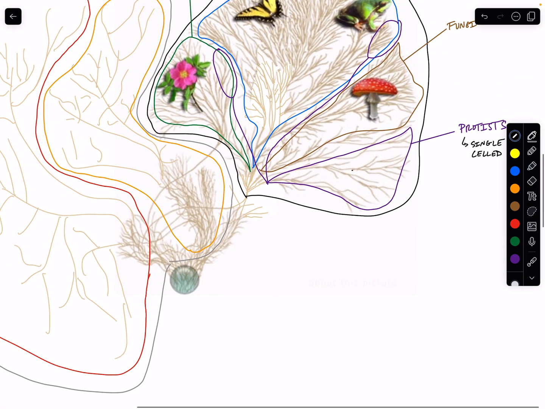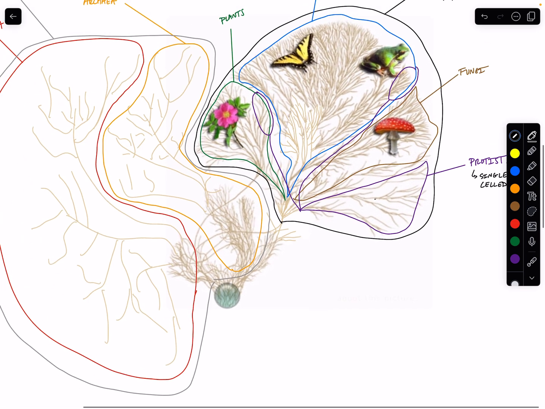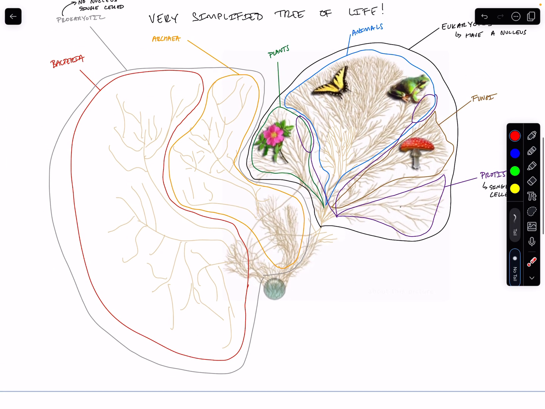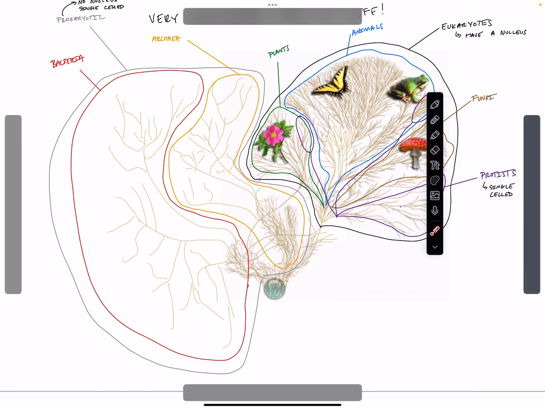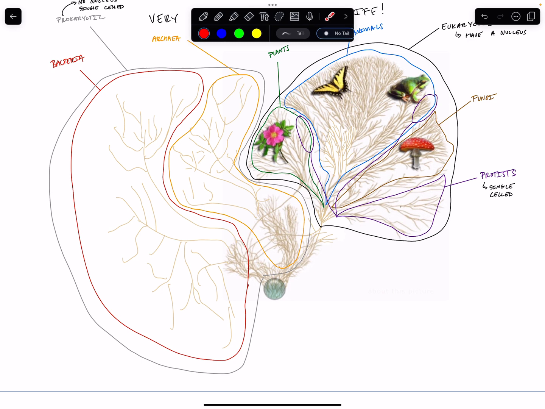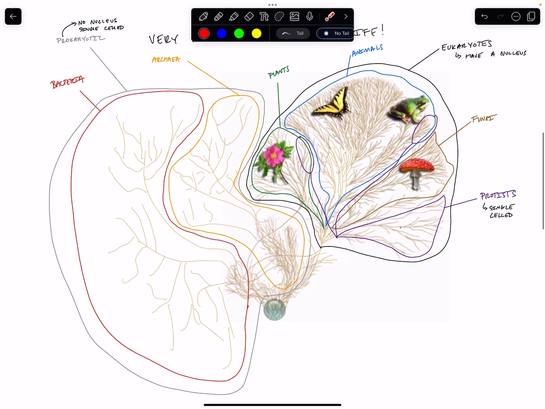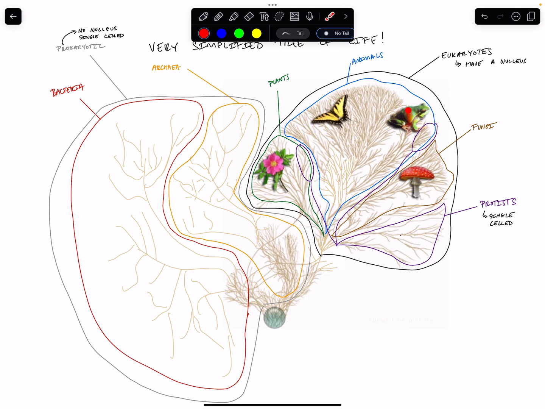And the reason why they're grouped together is because the name and the category predates genetic sequencing. Now, with the advent of genetic sequencing, we can take any organism, sequence its DNA, and then see how closely related it is to other things in the tree. It makes it very easy to create an accurate tree of living things.